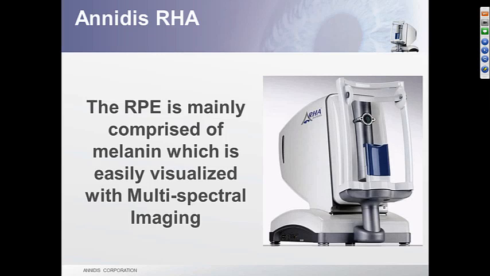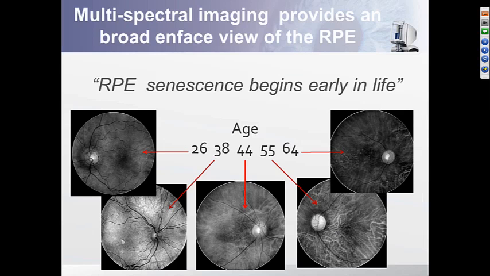We all know that the RPE is mainly comprised of melanin, which is easily visualized with multispectral imaging. And for those of you in the field using the instrumentation, you already know this.